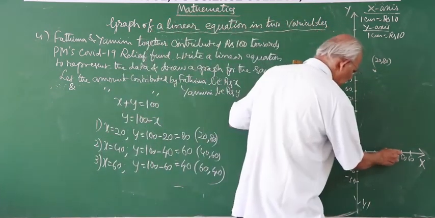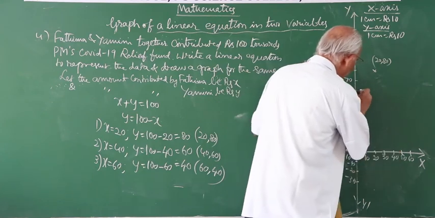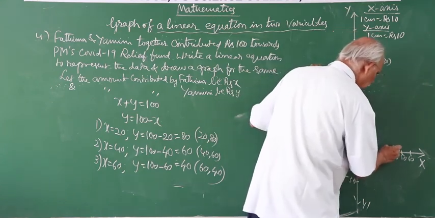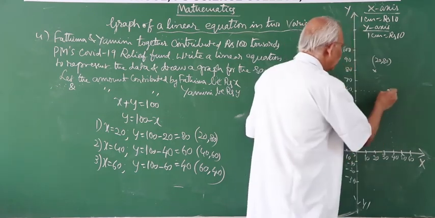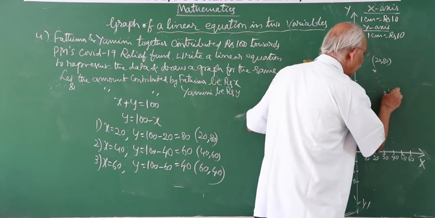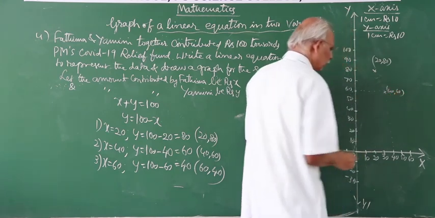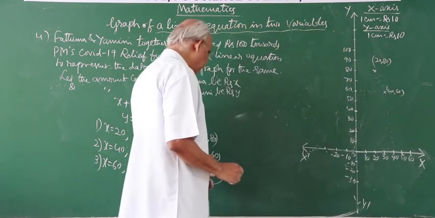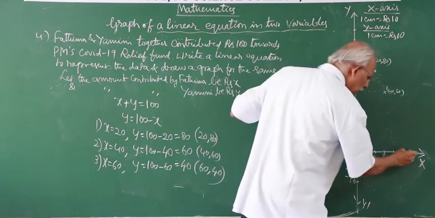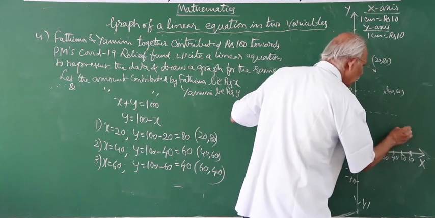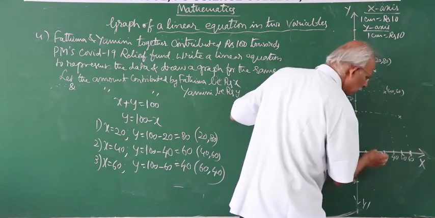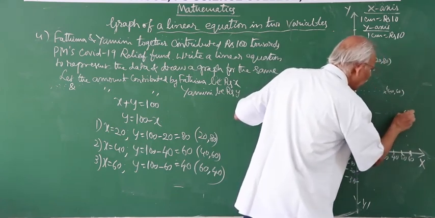Again 40 is here, 60 is there. Come horizontally. Here, this is 40 comma 60. Next one is 60, 40. This is 60 here. 40 is here. Come like this. Come here. So this is 60, 40.